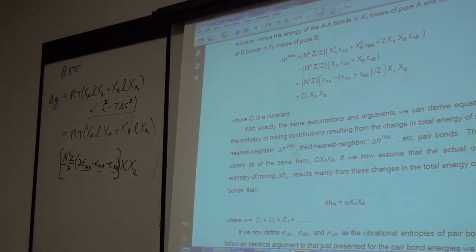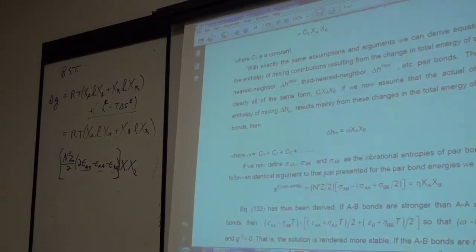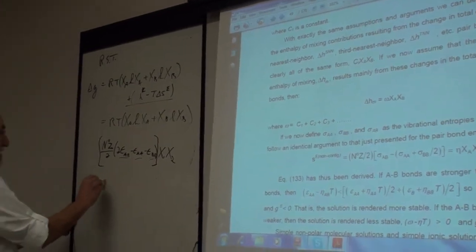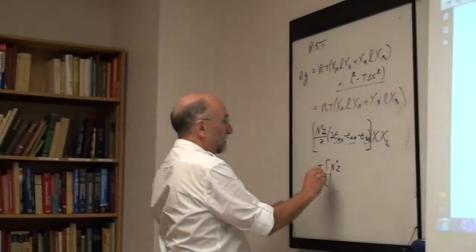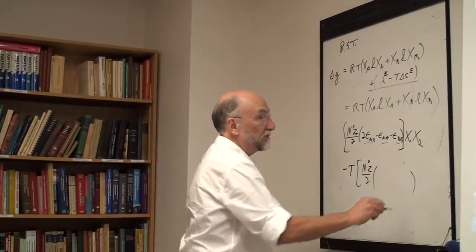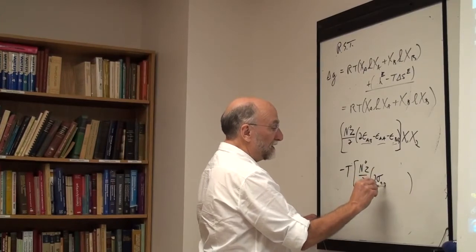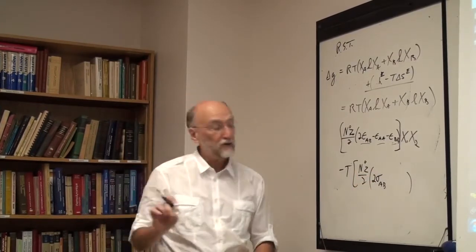We also did the same thing further down for the excess entropy term. The excess entropy term then was minus T times N naught Z over 2, and then we did the same thing where these little sigmas were the non-configurational entropy of an AB bond.